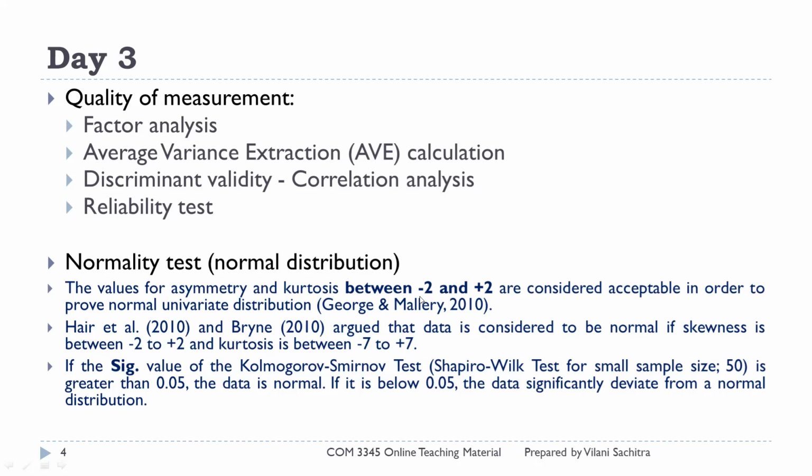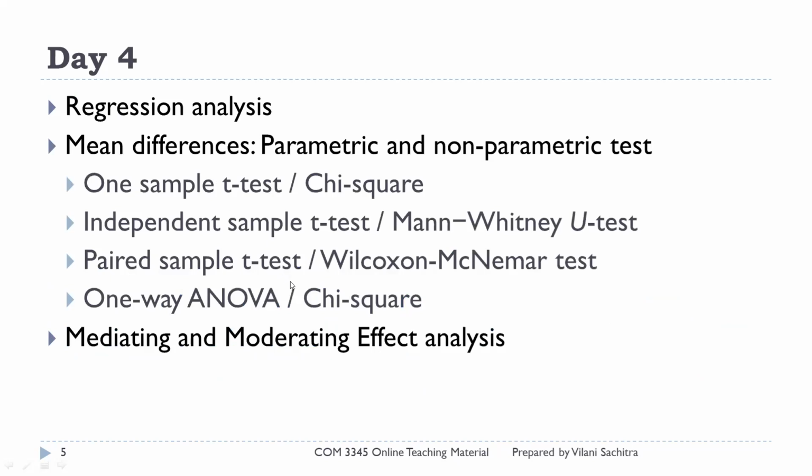So based on that, today we are moving to another important part in your data analysis, or in your main research, that is regression analysis. Here we are going to see how we test your hypothesis.